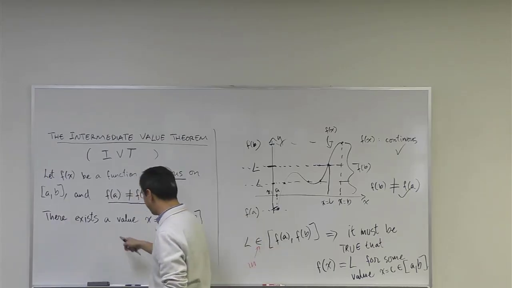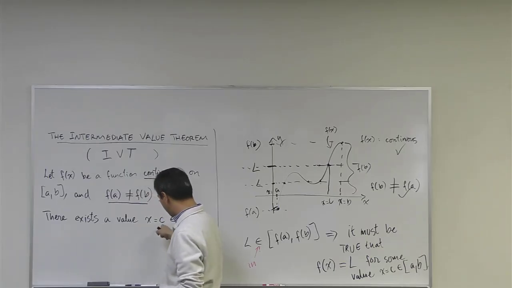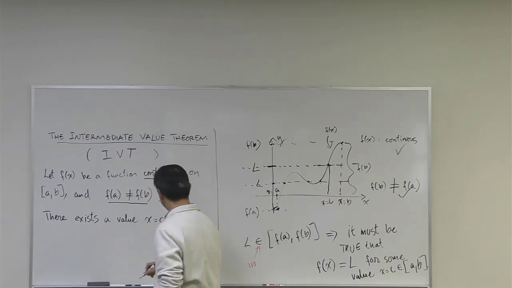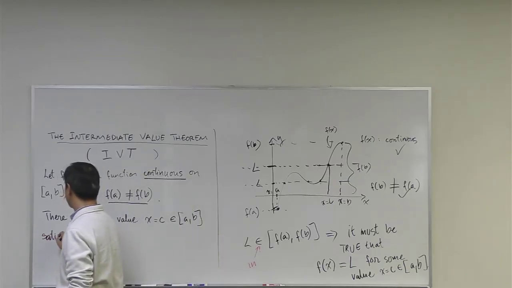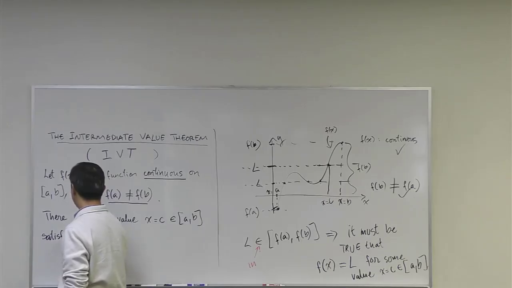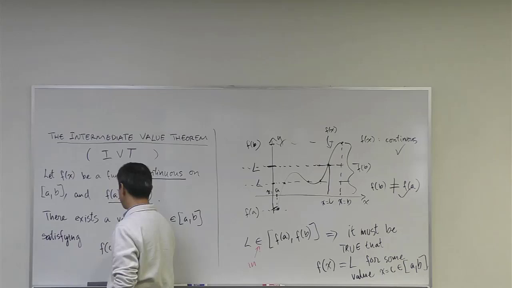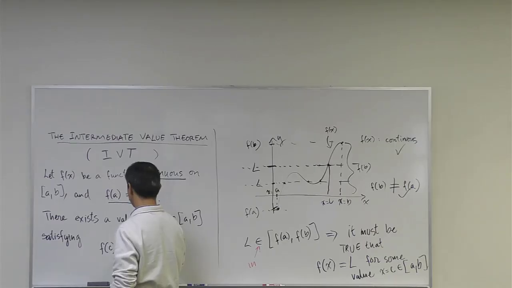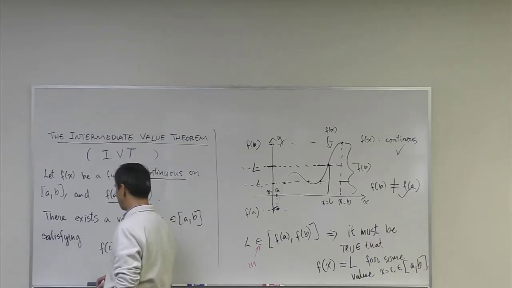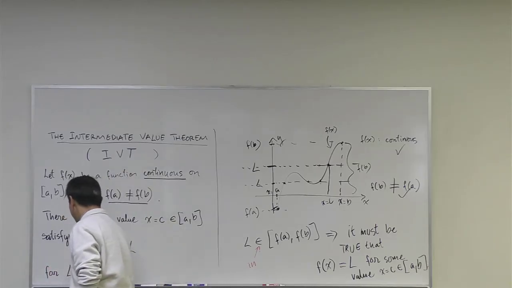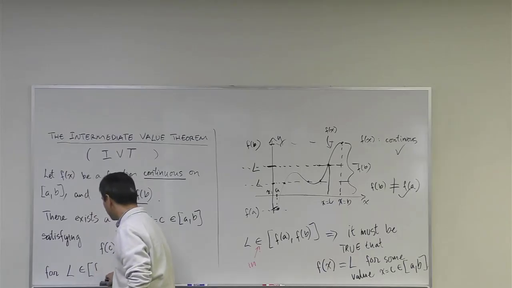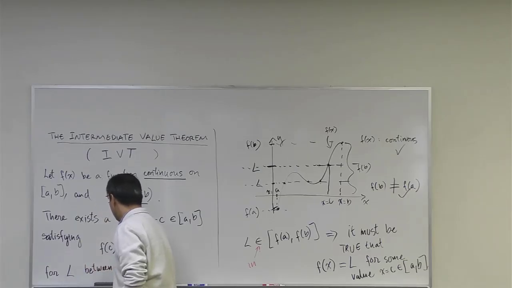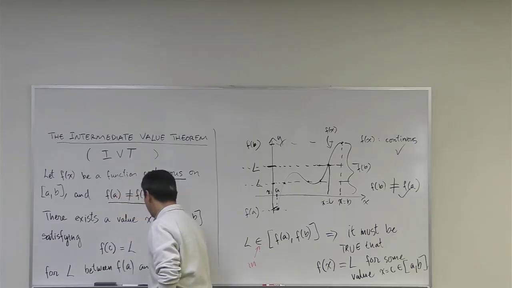The theorem guarantees that there will be a value x, which we call x equals c, but that c falls inside of your interval from A to B, satisfying f of c equals L, for L a value in between f of A and f of B.